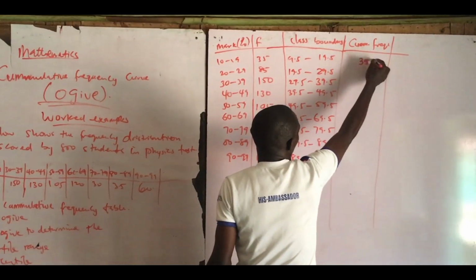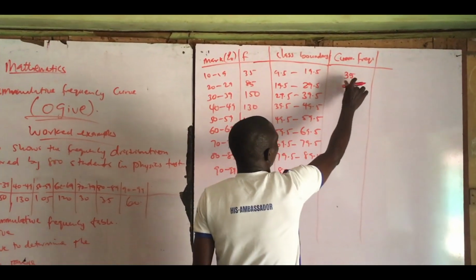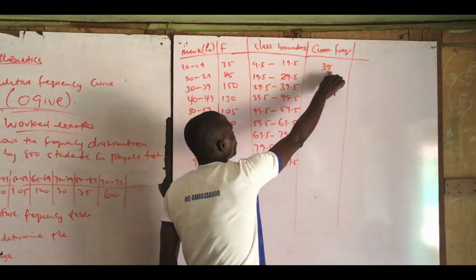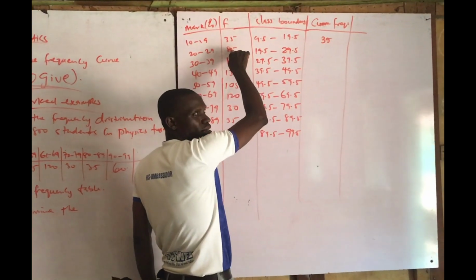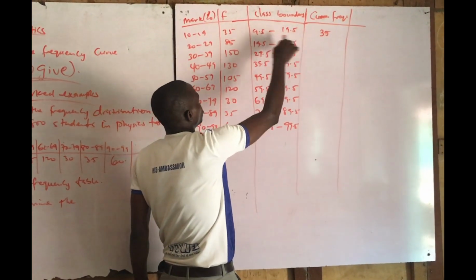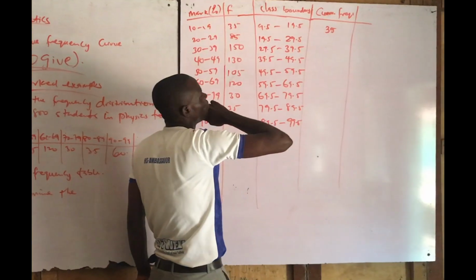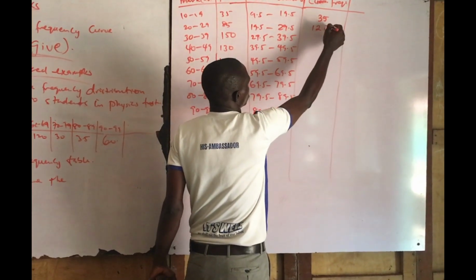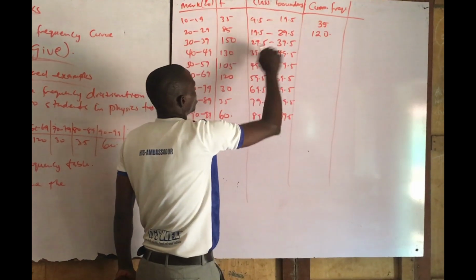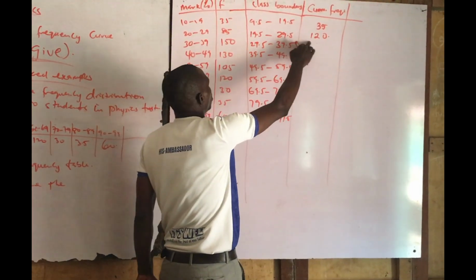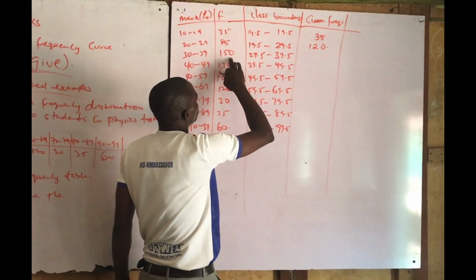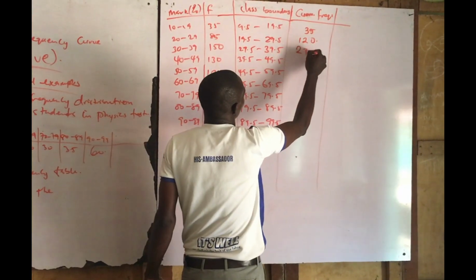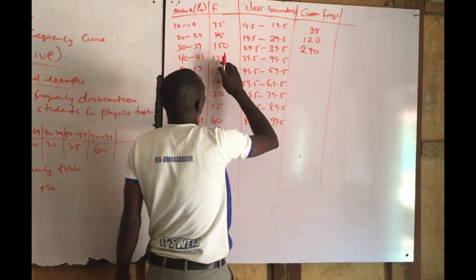That's 35. Then you add the next frequency, 35 plus 85, is 120. Then 120 plus 150 is 270. 270 plus 130.